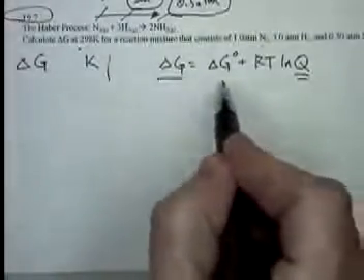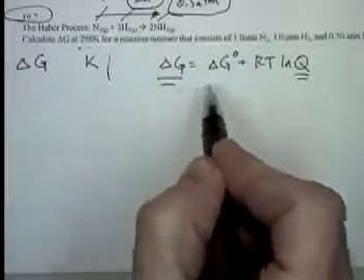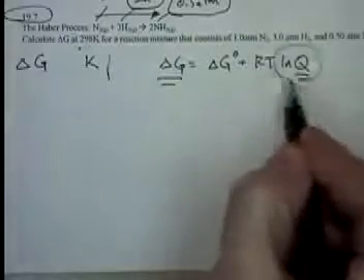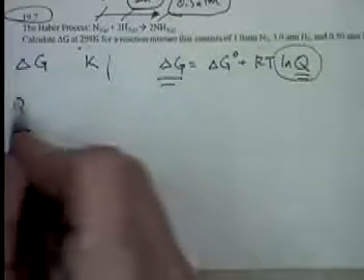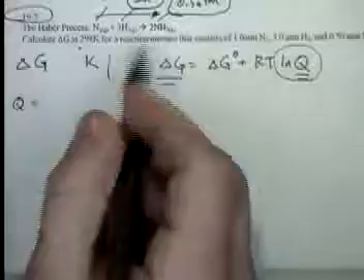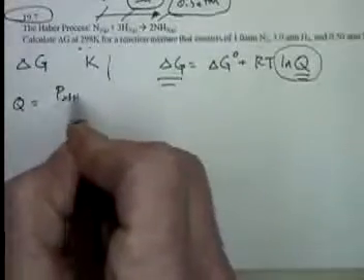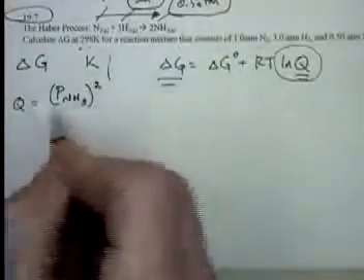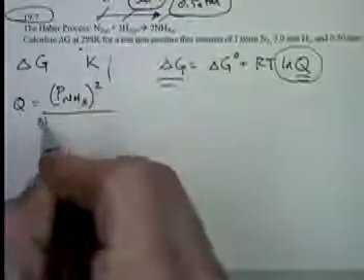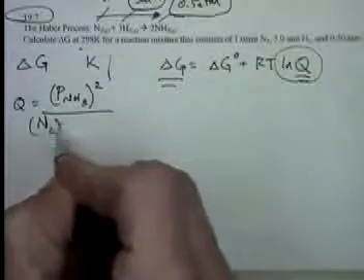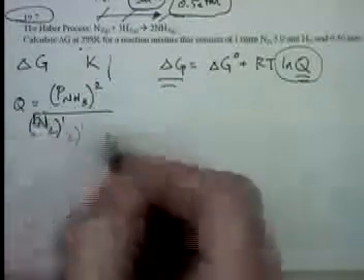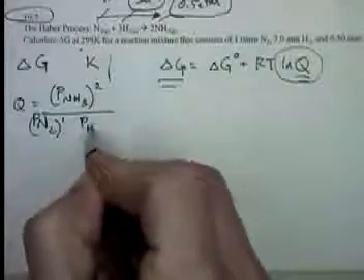So here's the equation that we're going to use to calculate delta G at this non-standard condition. But before we can do that, we've got to find Q. And remember, Q is going to be equal to the products, so the pressure of NH3 to the second power, divided by the reactants, N2's pressure to the first power, I should put a P there for pressure, and the pressure of H2 to the third power.